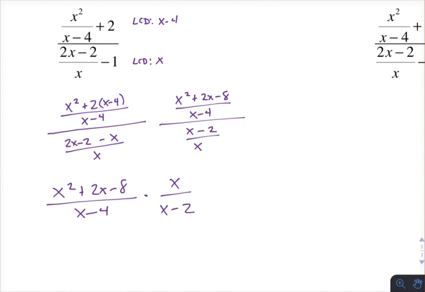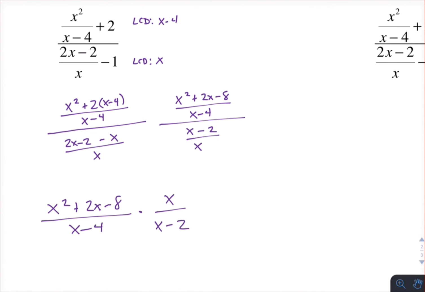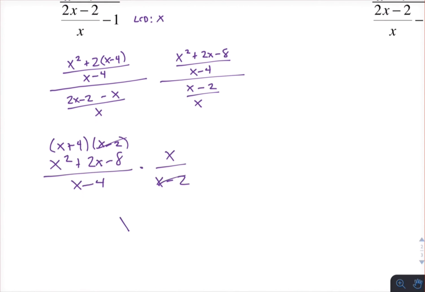Let's factor this one. So x plus 4, x minus 2 cancel. So now my result is x times x plus 4 over x minus 4.